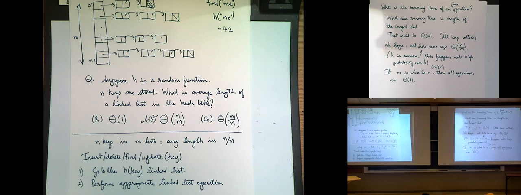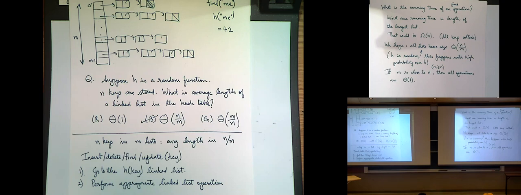Wait, so you're saying it's desirable for m and n to be close together? Close to each other. So then wouldn't each spot in the array have one or no nodes in it? Yeah, pretty much. Then why bother using the nodes in the first place? Why not just have an array of tuples? One long array of tuples? Yeah, because you're having an array of linked lists of tuples anyways, but each linked list only has one node, which is perfect for finding, right?